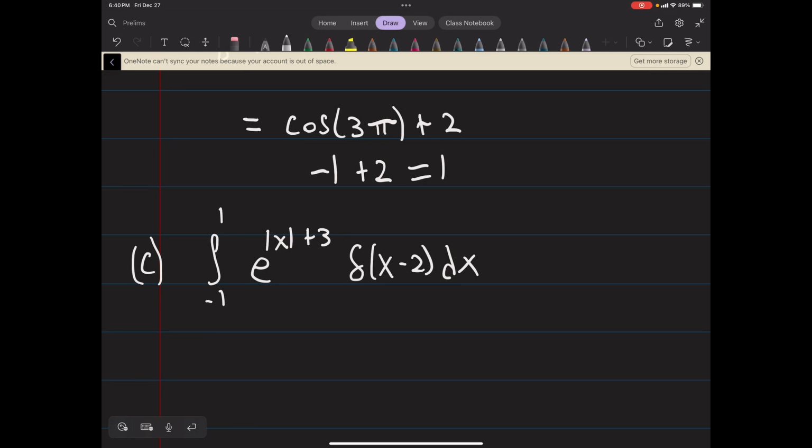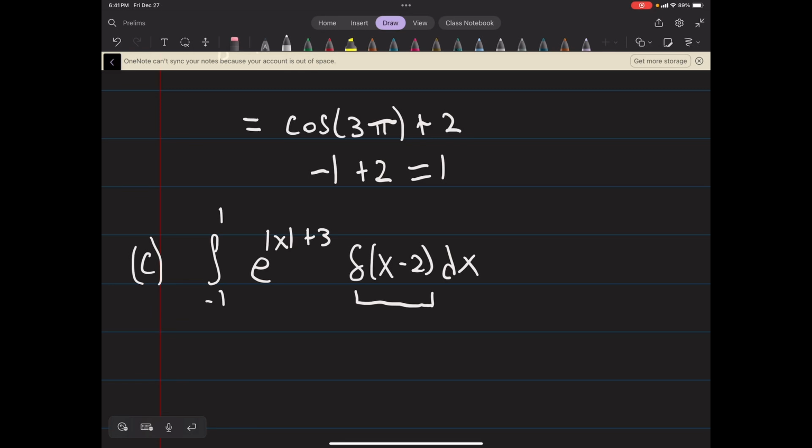So here's what we need to understand a little bit about the delta function to understand what this integral evaluates to. You might be tempted to do exactly what we did in the last two parts, which is say x is equal to 2, and our answer is e to the power absolute value 2, which is just 2, plus 3, e to the 5th.